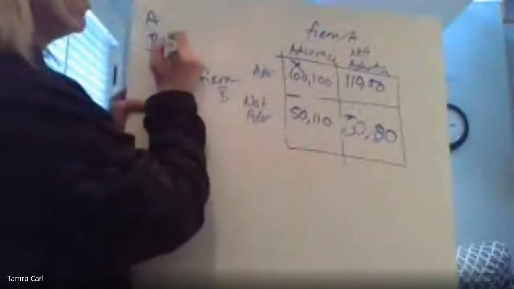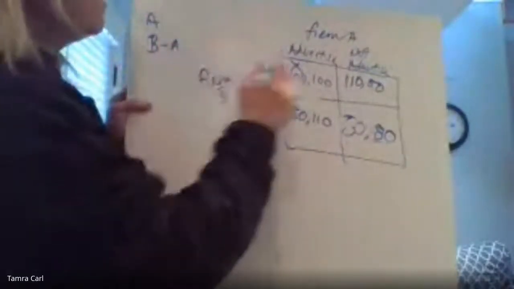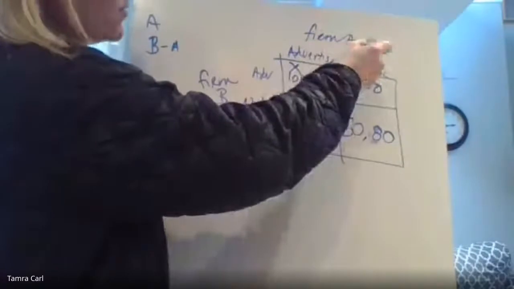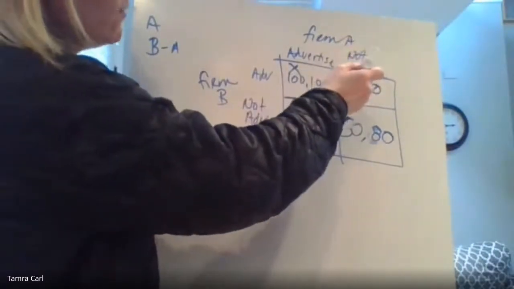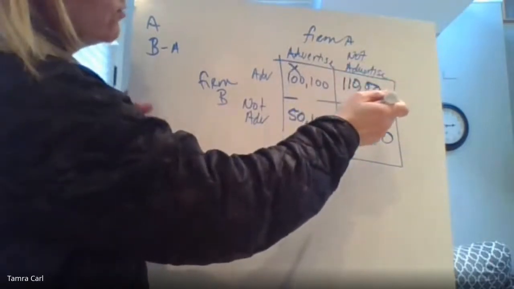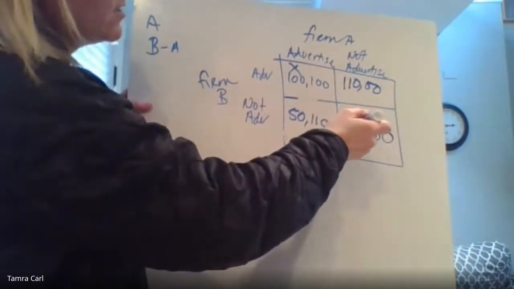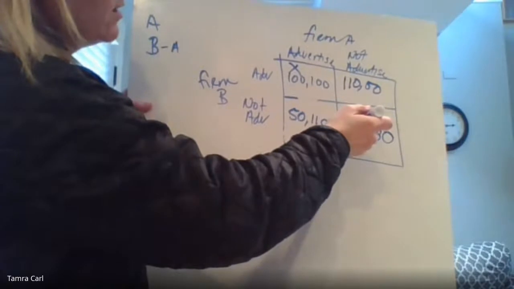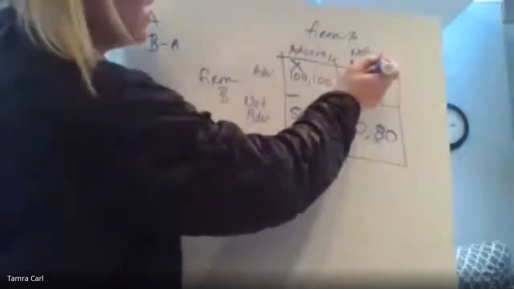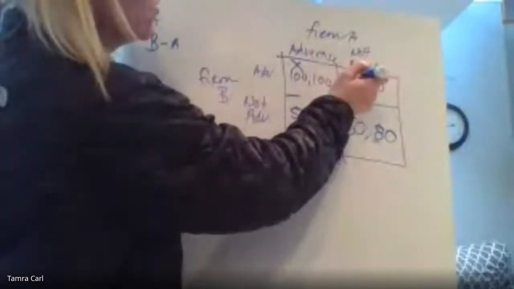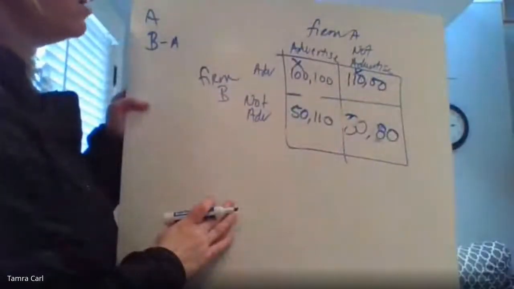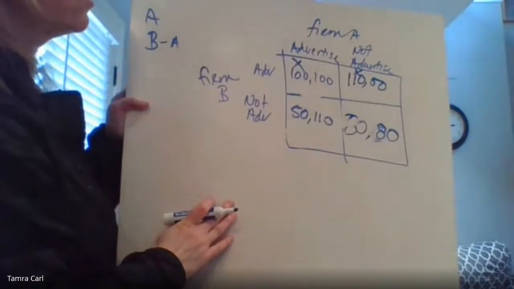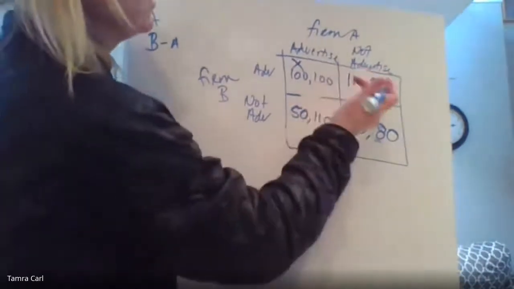So firm B is going to advertise. If firm A doesn't advertise, is it better for firm B to advertise or to not advertise? And in this case here, it would be better for them to not advertise. And so that is where we would have the X there, right? Because, no, 50 over 80.